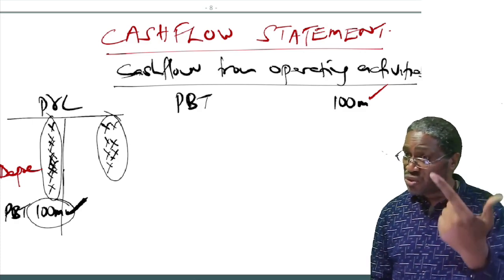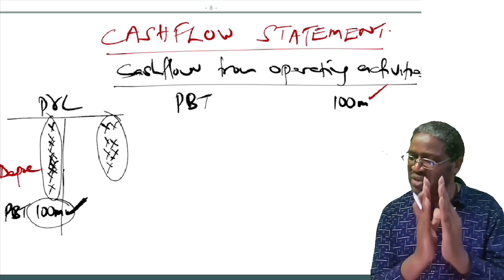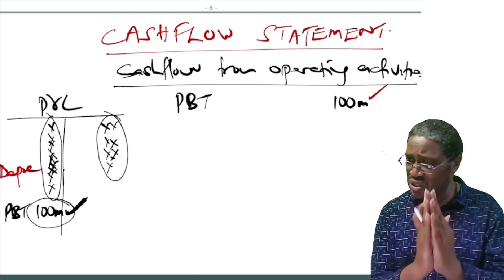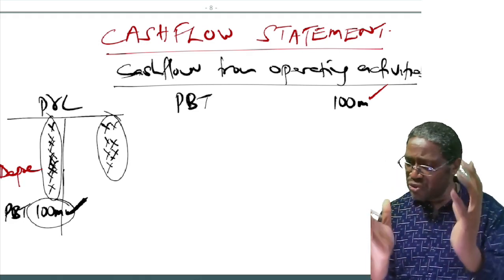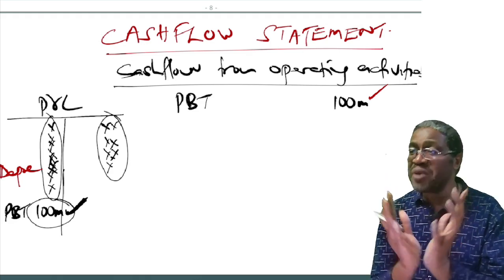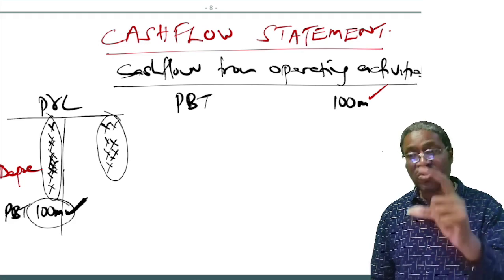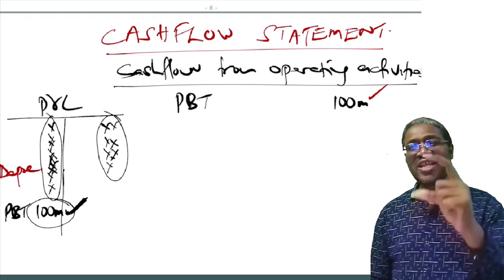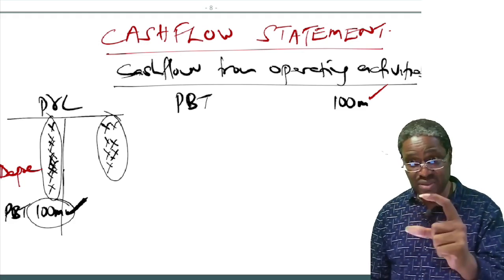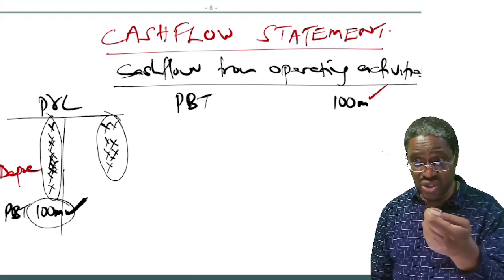But as far as cash flow is concerned, this item called depreciation must have made the expenses overcasted from the cash point of view, because of that one non-cash item.